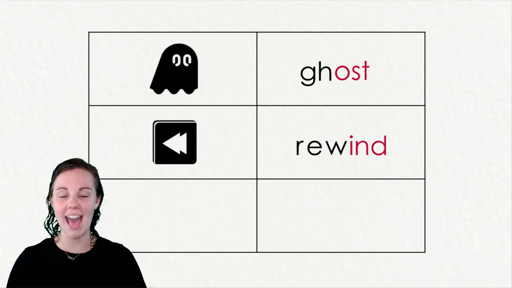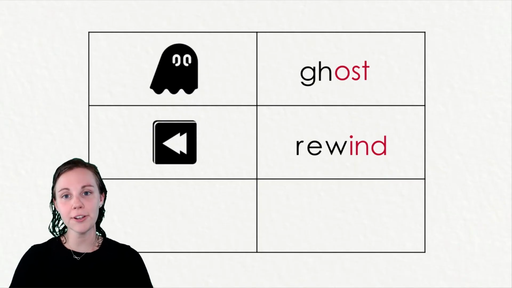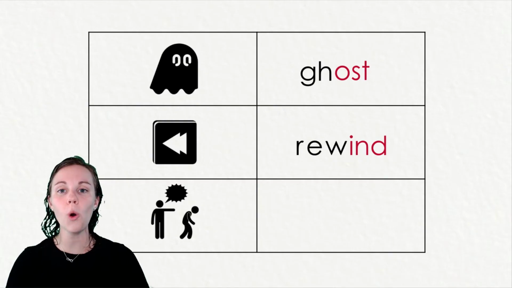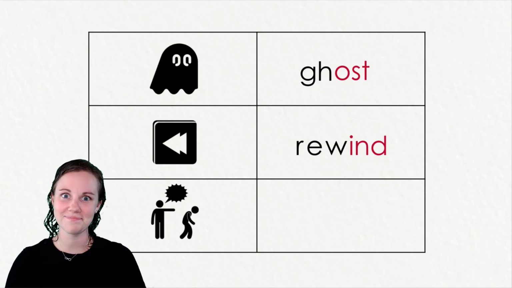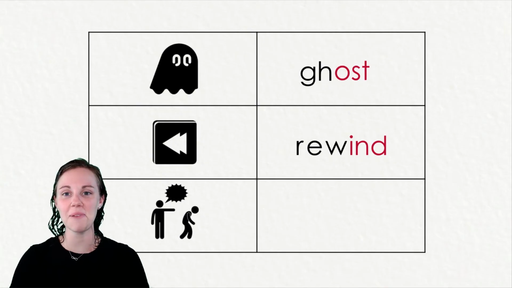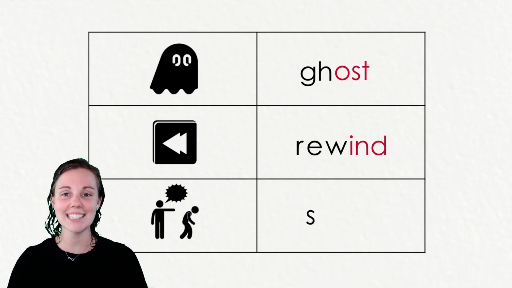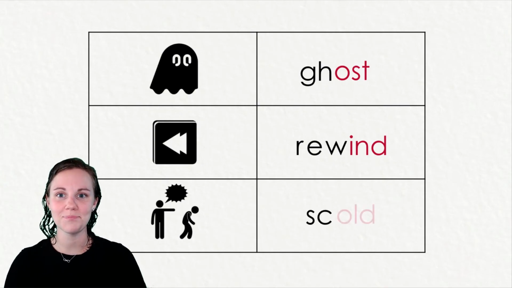Great job with that pattern. And our third word is scold. Say it. What pattern do you hear? Write it out. I bet you have it. Here come the letters. S-C-O-L-D. I know you heard that pattern.